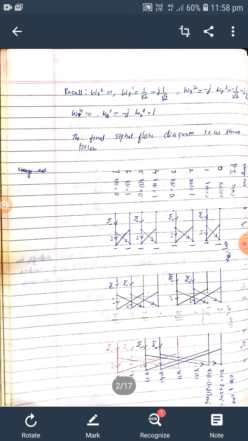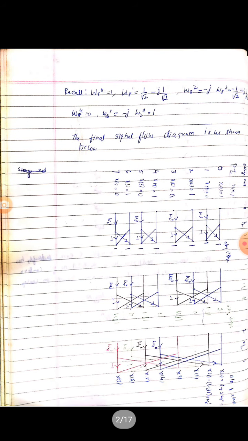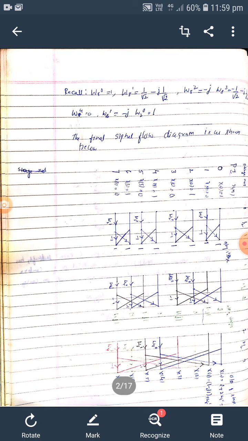So each stage output you have to calculate. I'll show you one stage output. This is the first stage output. Here x of 0 will be 1, then x of 4 will be 0. 0 into omega 2 power 0 will be 0, so that goes here, meaning 1 plus 0 into omega 2 power 0, which is 0, so its output will be 1.